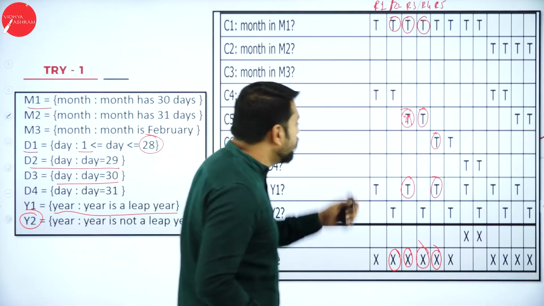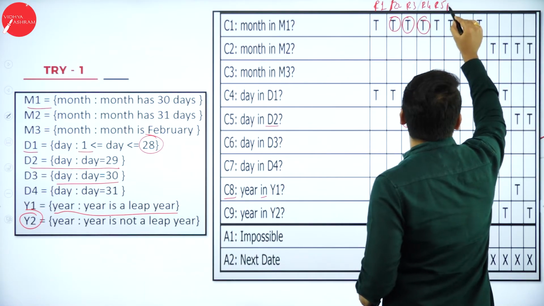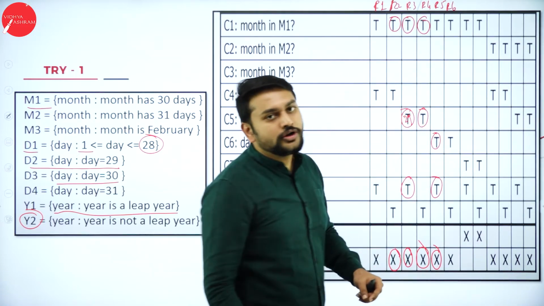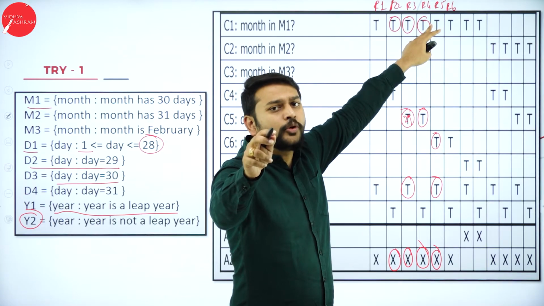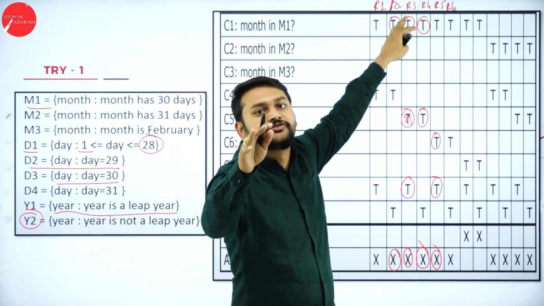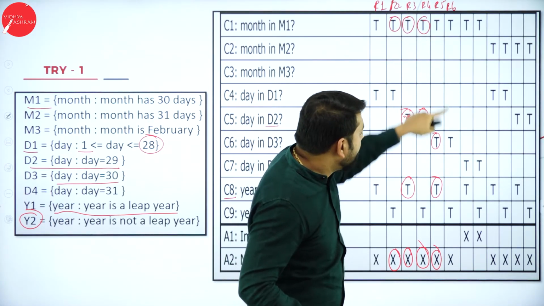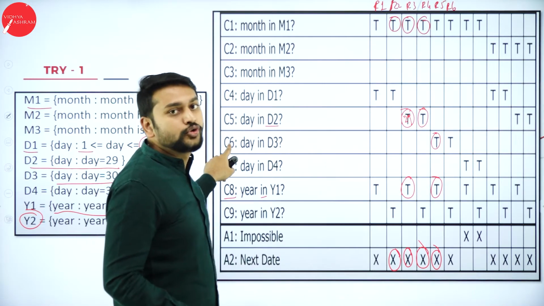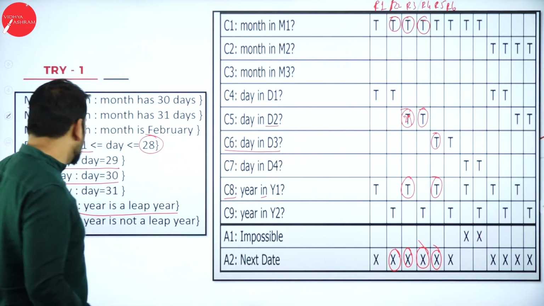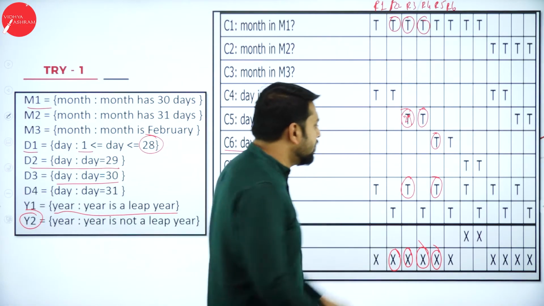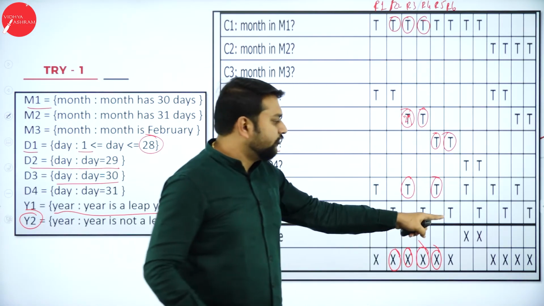So fine. I'm moving on to rule number 6. All right. Even in rule number 6, I have the first condition, that is M1. So I have 30 days with me. And then again, I'm coming to the second condition that I need to check, that is D3. So what is the meaning of D3? 30 days. So this 30 days I'm checking for what?